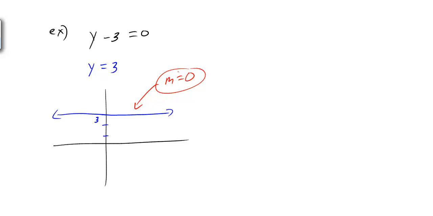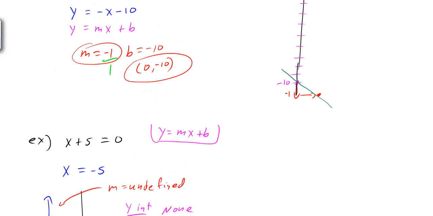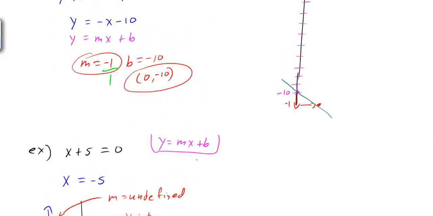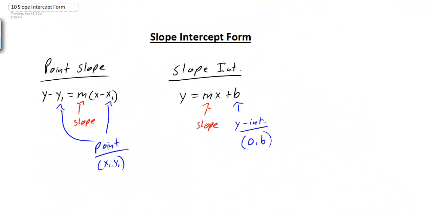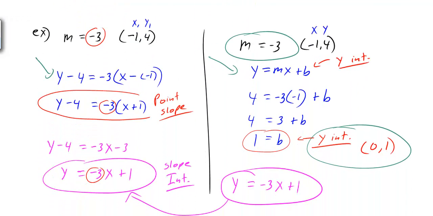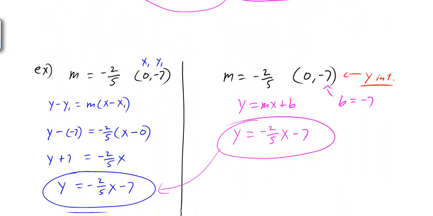All right, so make sure you go back and review and make sure you understand the connection of this slope-intercept form, y equals mx plus b, and point-slope. And notice that if you're ever trying to find the equation of a line, you can use either one of these, but you have to know the slope and at least one point on the line.